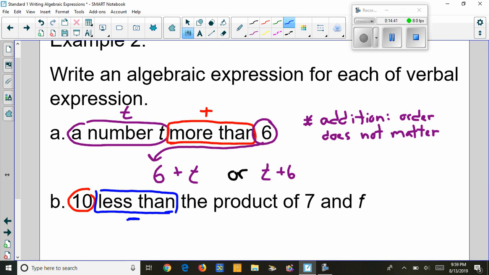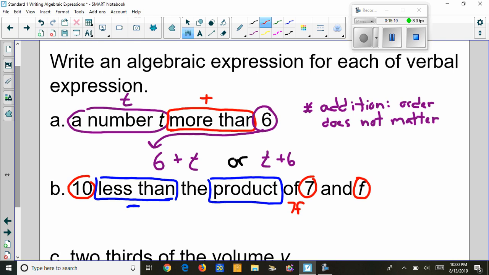We also have the product. Whenever we see the product, anything after that are pieces that we're going to multiply together. I see 7 and f. So the product of 7 and f, well, we will just write that piece as 7f. So they're set side by side.